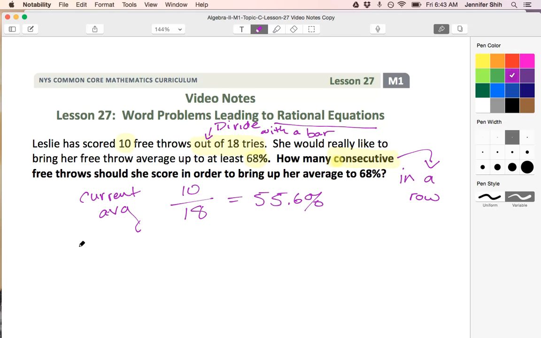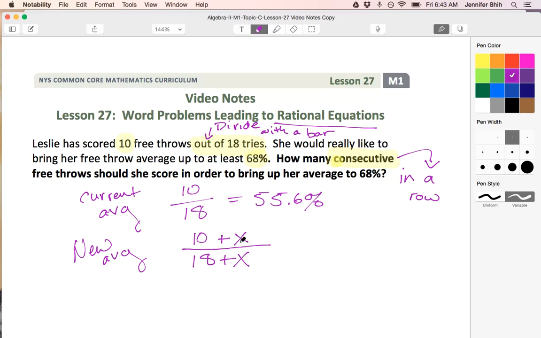Then we really need a new average. And her new average is going to be, she already has 10 free throws. And she already made 10 free throws out of 18 free throws. So consecutive means we're going to add more free throws. She's going to add more free throws to her practice.